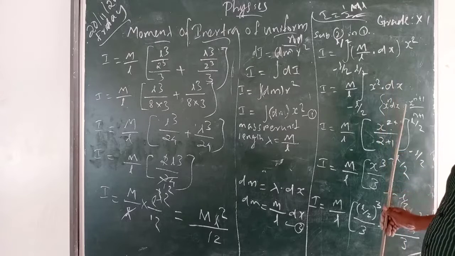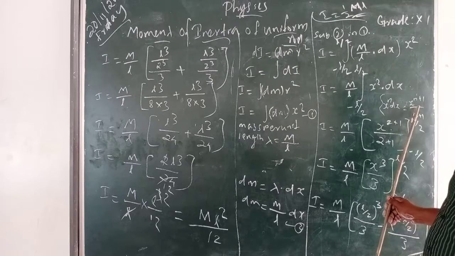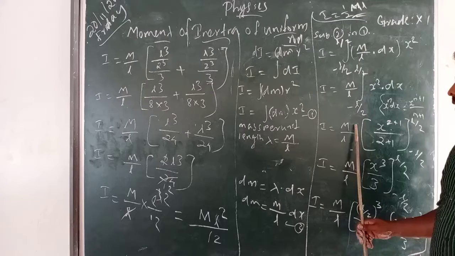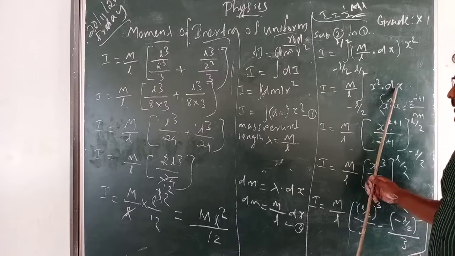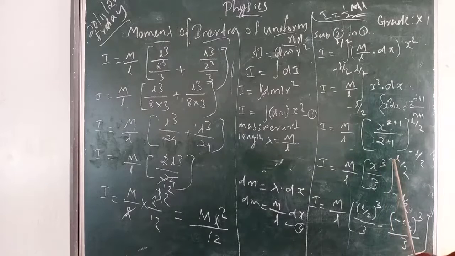Integration formula: x power n dx is x power n plus 1 divided by n plus 1. So x square dx gives x power 2 plus 1 divided by 2 plus 1, that is x cubed by 3.